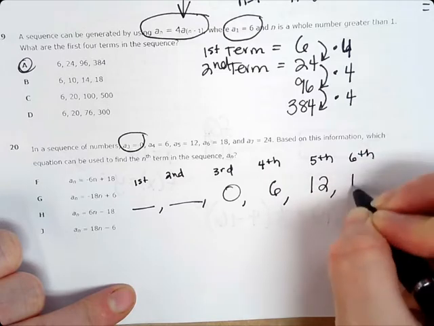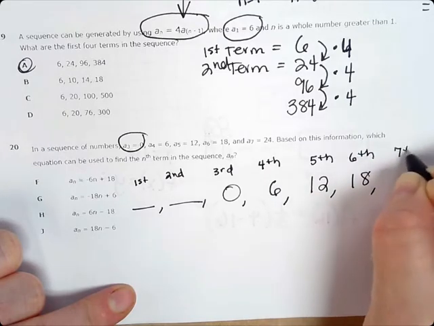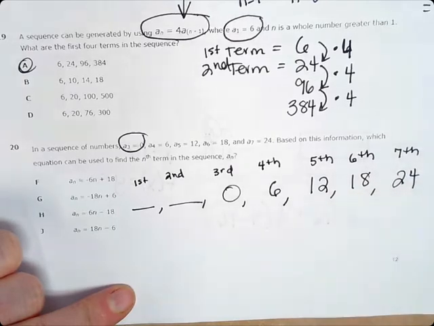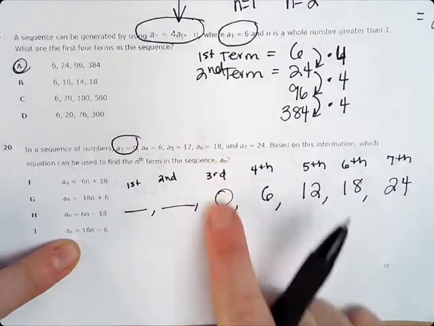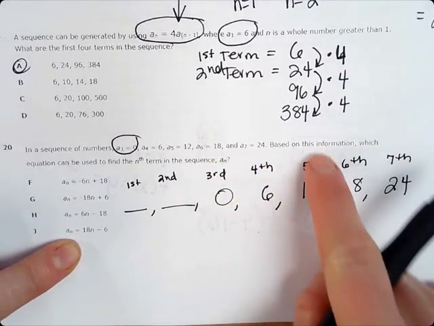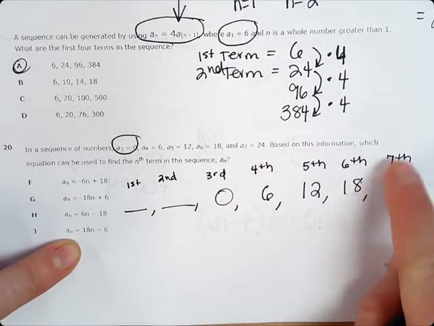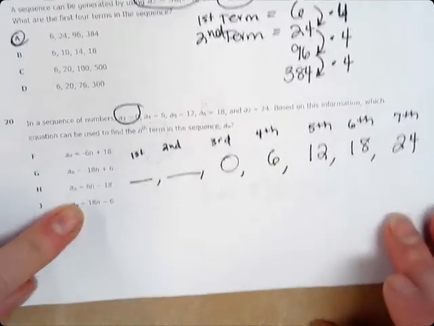Sixth term, 18. Seventh term, 24. So we need to find the pattern that will have the third term 0, fourth term 6, fifth term 12, sixth term 18, seventh term 24.